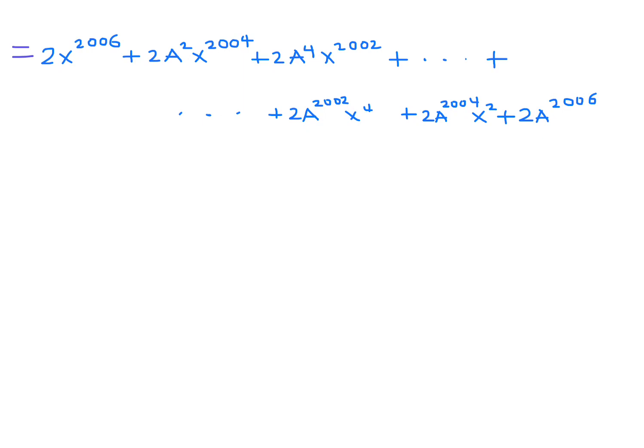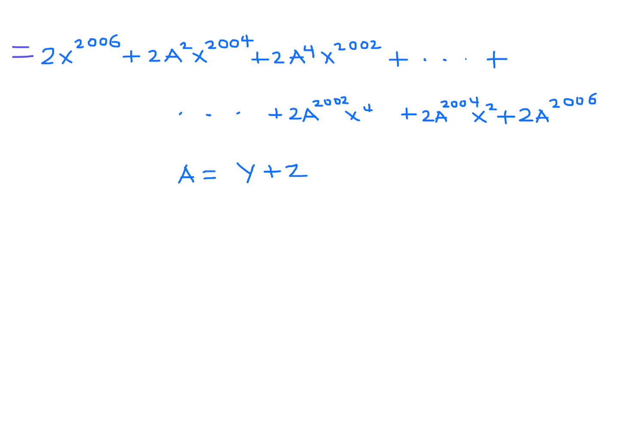We got a pretty decent pattern here. But remember, we had let a equal to y plus z. So it's not as simple as it looks initially.